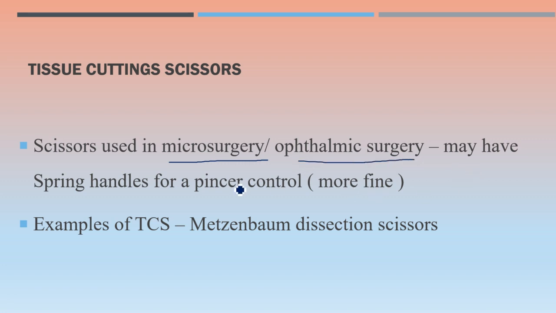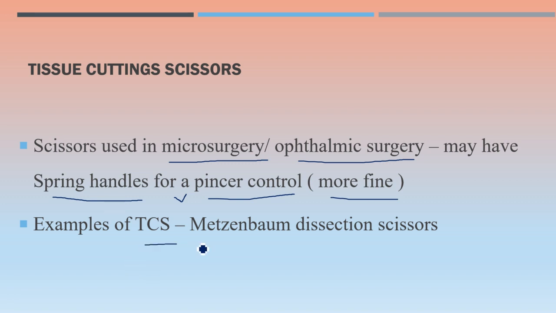An important thing is that these tissue cutting scissors have spring handles. Why spring handles? Because they give us better pincer control, and we can make finer movements while performing a dissection using magnification. So spring handles are also available in tissue cutting scissors.